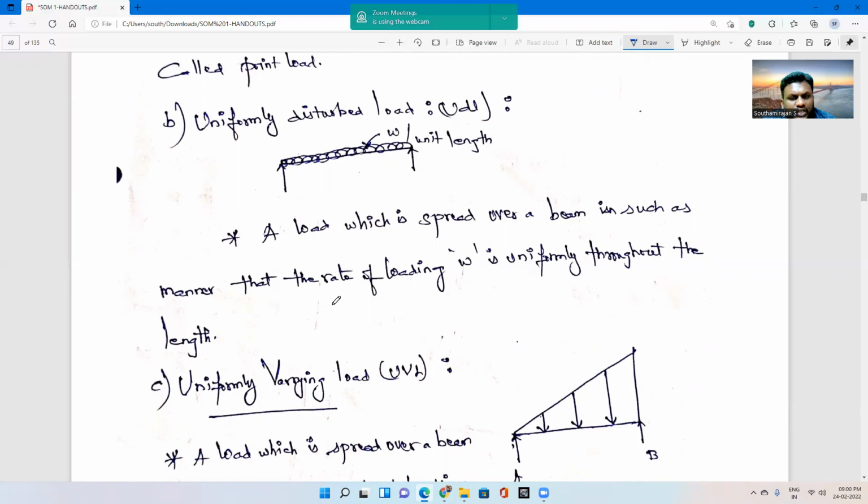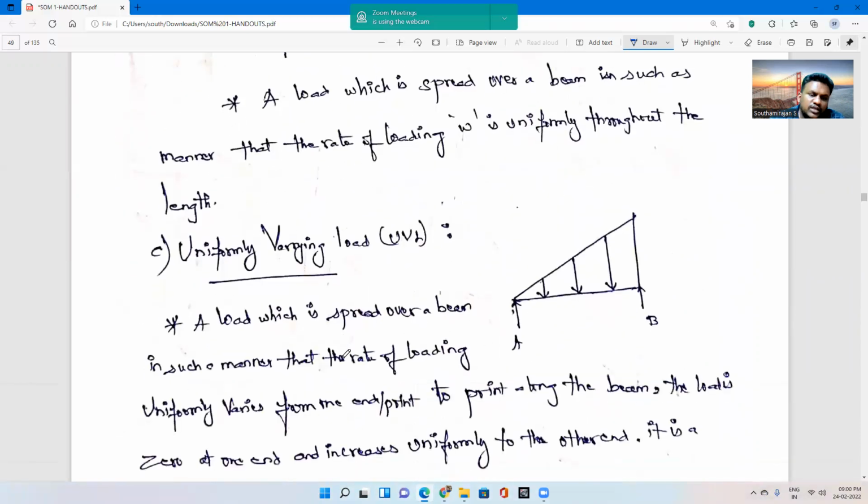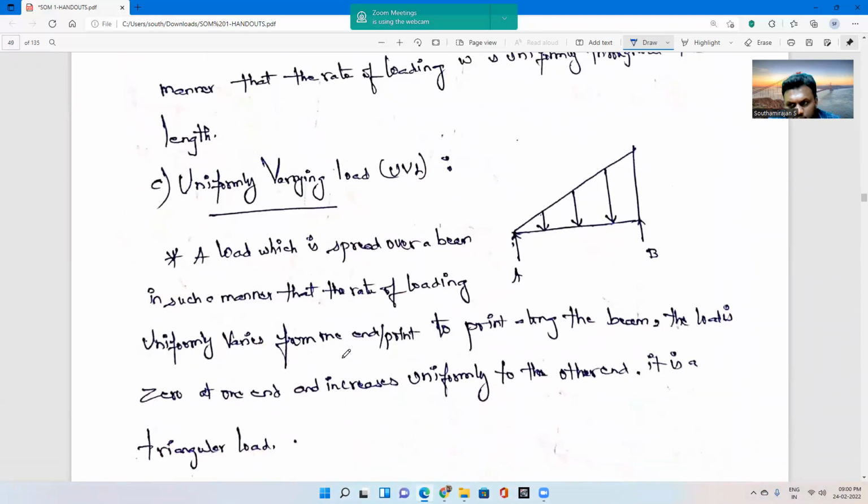Next will be the uniformly varying load, which is another format of load. That load varies from one end with a minimum load to the other end with a maximum load. The minimum end load will be 0, and the maximum magnitude at the other end differs from situation to situation.